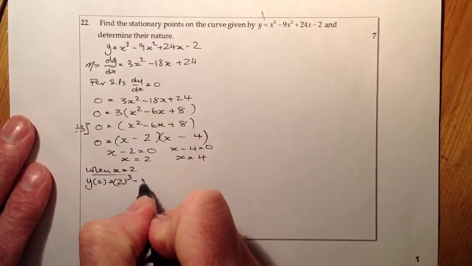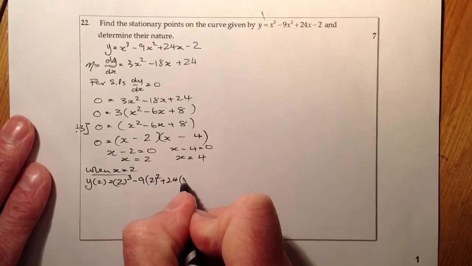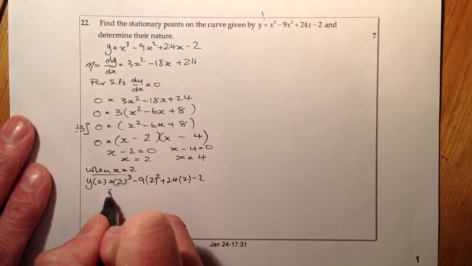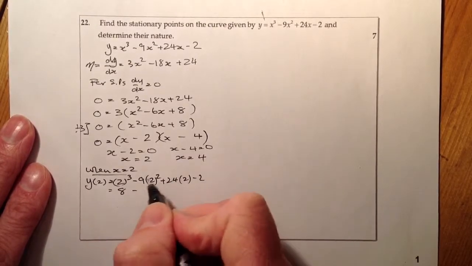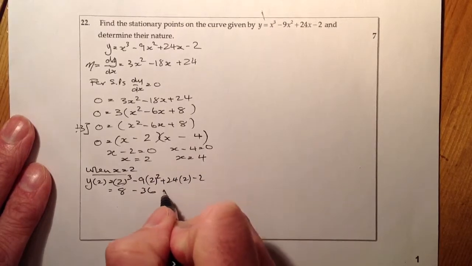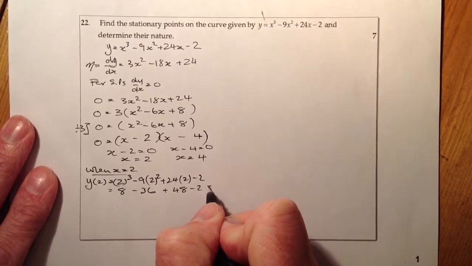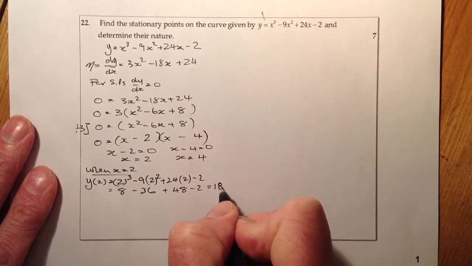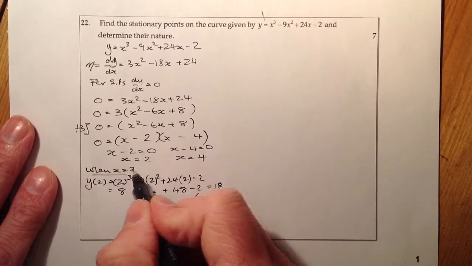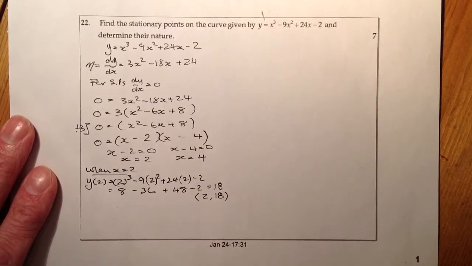That's going to be minus 9 times 2 squared plus 24 times 2, and subtract 2 from that. Let's work that through. I've got 8, and 2 squared is 4. 4 times 9 will give me 36, that's minus 36. That gives me plus 48 minus 2. Gathering that together, the total I should get is 18. So the x coordinate was 2 and the y coordinate 18. That's the first coordinate that I've got.